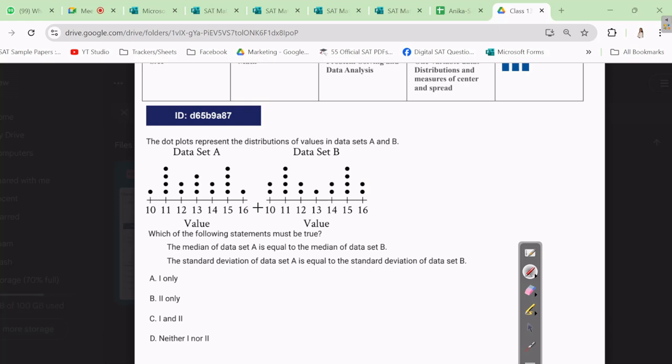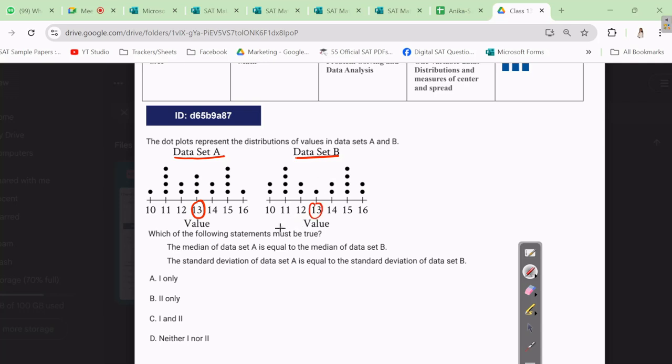So in dataset A, the points are closer to the mean. The mean will also be 13. Would you say that the points are closer to the mean in dataset A or in B? I think in A. In A, they are closer to the mean, and in this one they are far from the mean. Here as well, the mean is 13.